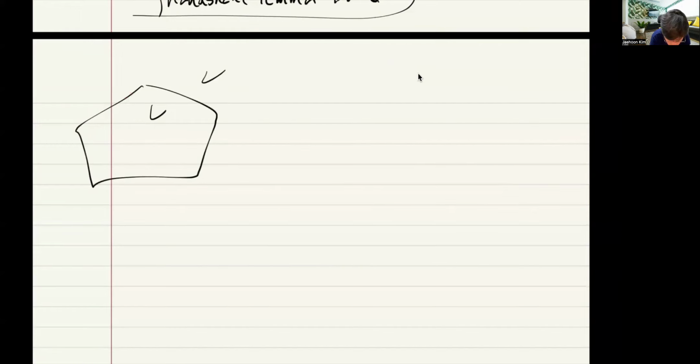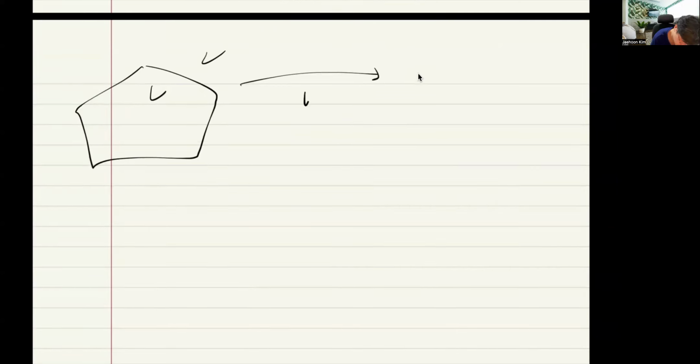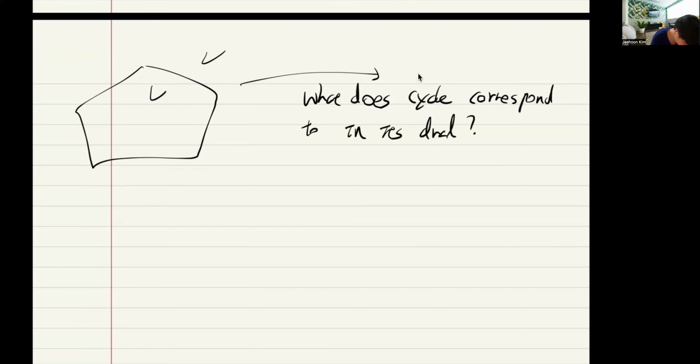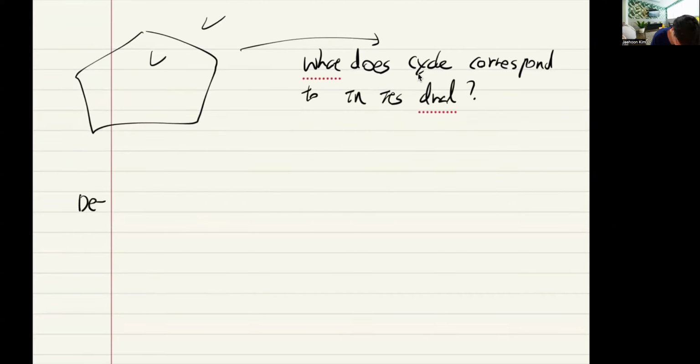I guess cycles are the essential reason why faces arise. The graph has many cycles, and those partition the plane. And in the dual, what does a cycle correspond to? The following definition is the answer.